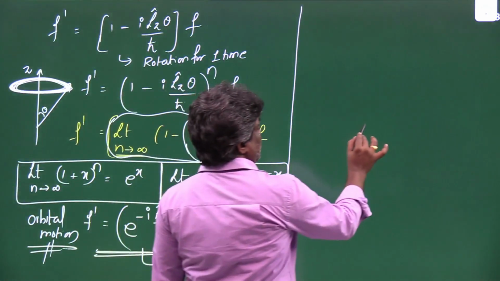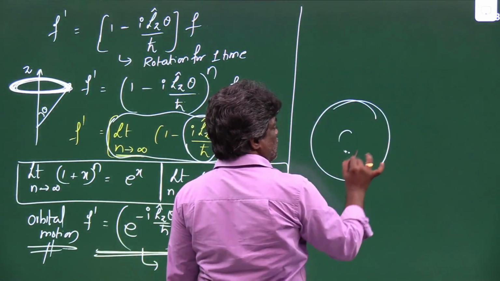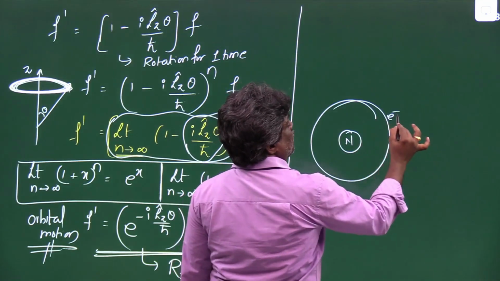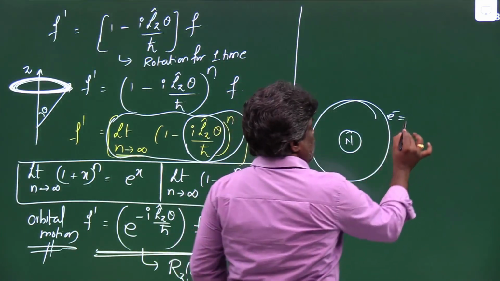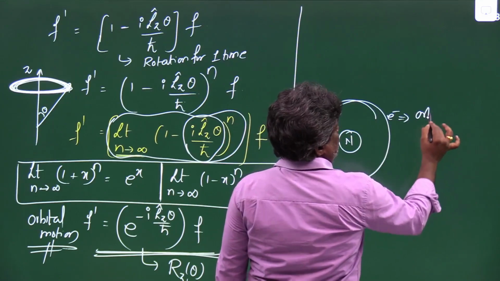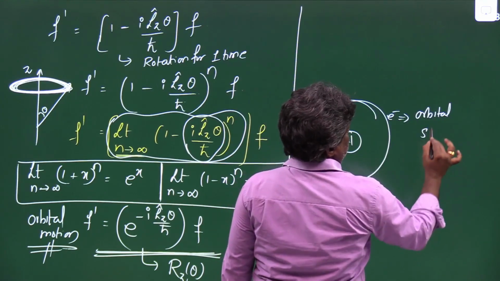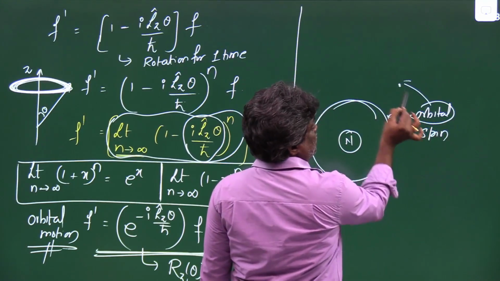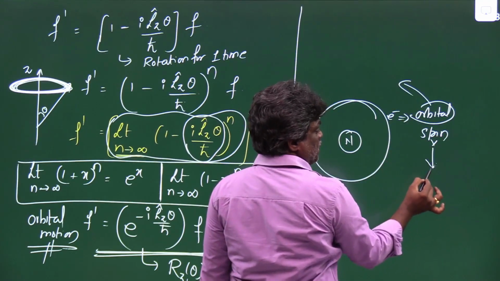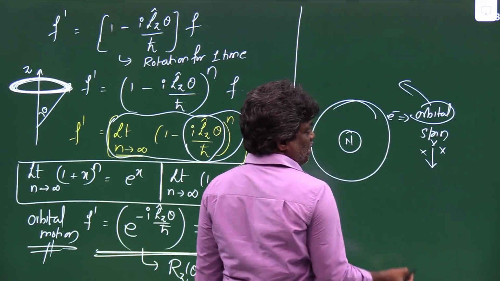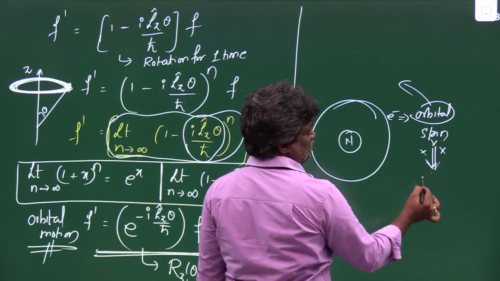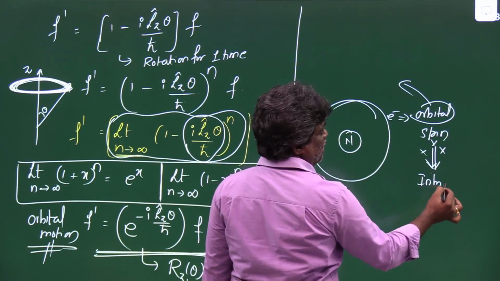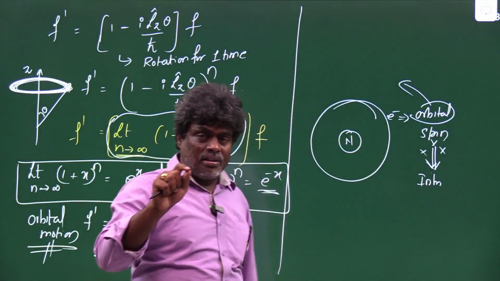Actually, whenever you have an atom, this is the nucleus, the electron is having both orbital motion as well as spin motion. There is a formula for orbital, but there is no formula for spin. It's an intrinsic property. We can't define it as a formula like this.